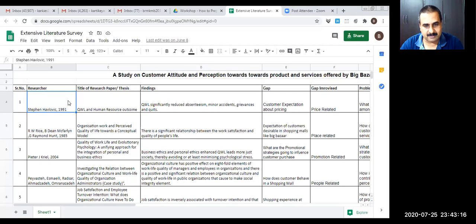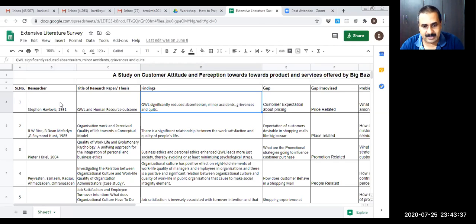We have already covered that the researcher is expected to do an extensive literature survey. So in doing that extensive literature survey, the basic procedure is that we have to mention the researcher name, then the title of the research paper, then the findings, and then the gap. Every research paper is expected to write its gap.